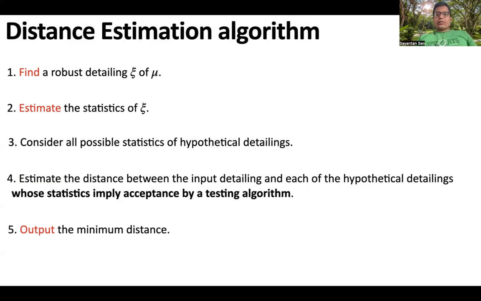This distance is a good approximation of the original distance of the distribution μ from the property P. We show that all these steps can be done by performing only a constant number of queries. Just to be clear, this brings index invariant properties under the umbrella of all properties where constant testability implies constant estimability. And secondly, the dependence on 1/ε is only doubly exponential, not a function of τ.